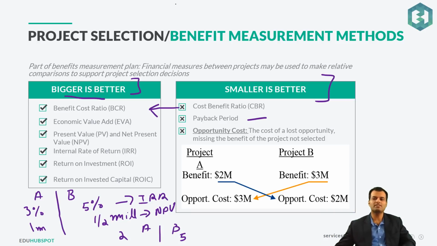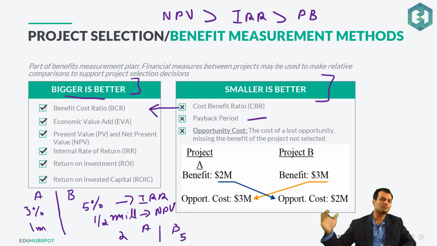Now always remember, your project will always be given which has the highest NPV. So first your NPV will be given priority, then you will give the priority to IRR and then to your payback period. So irrespective of whether A or B have both of the things in greater, you don't care about it. You will only select that answer which has higher NPV.